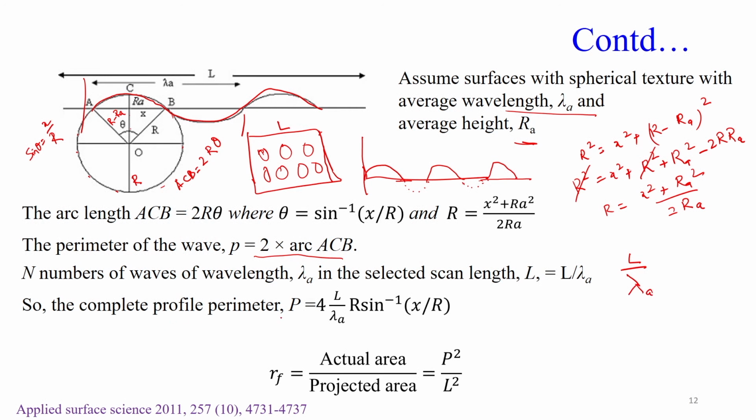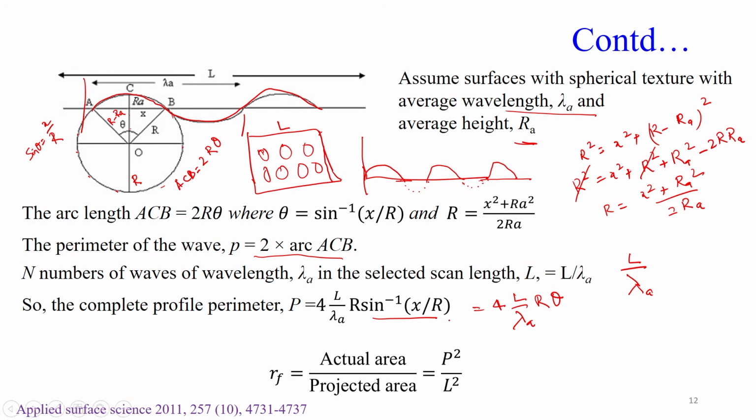So, the complete profile perimeter, let us call it P, will be L upon lambda A into twice the length of arc ACB, and ACB is 2 r theta. So, it will be 4 L upon lambda A times r theta, and theta is equal to sin inverse x upon r.